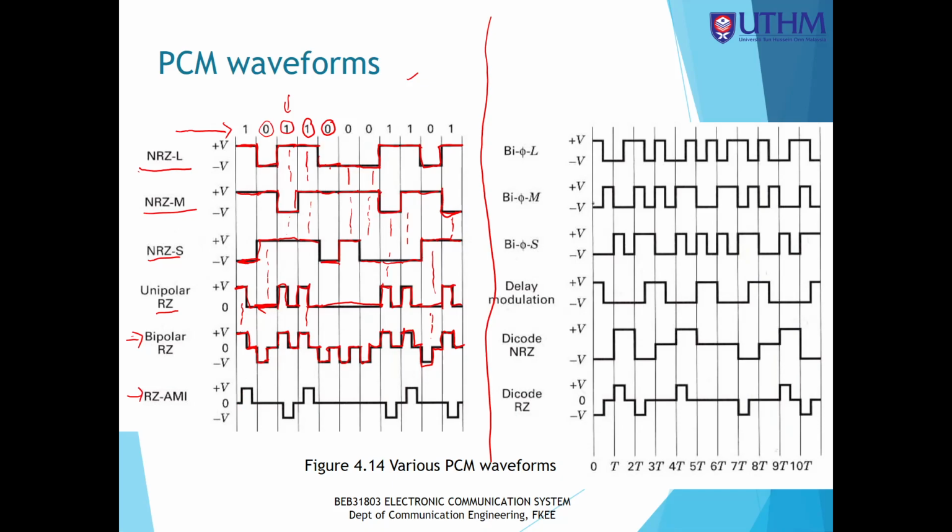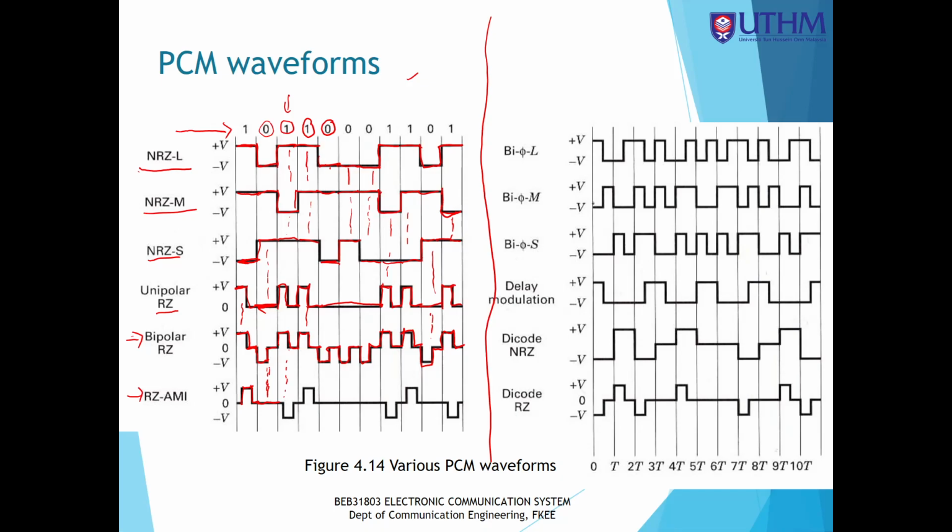Input logic 1, start with positive output voltage, return to 0. And then input logic 1, no change. Input logic 0, no change. Then input logic 1. Remember, every input logic 1 will change polarity from the previous. So this has memory of the previous.